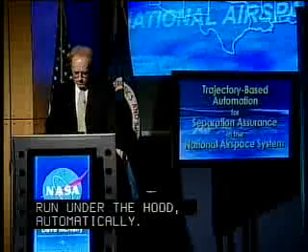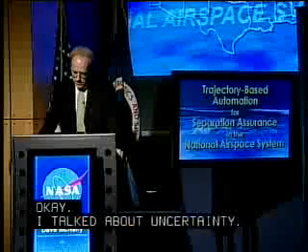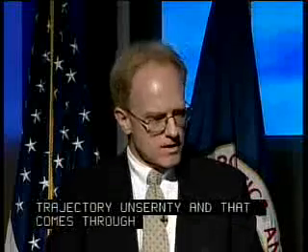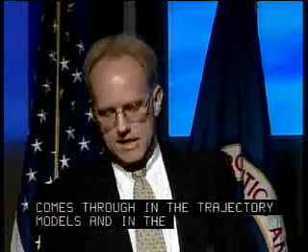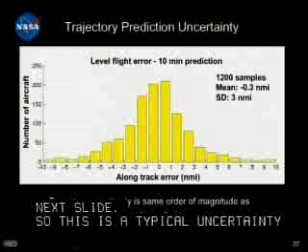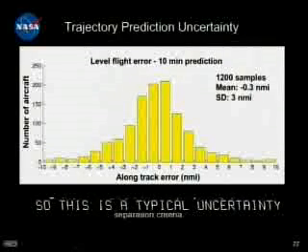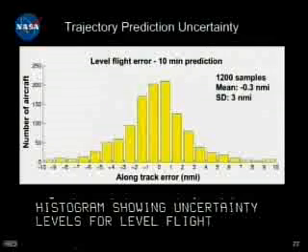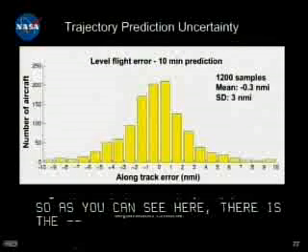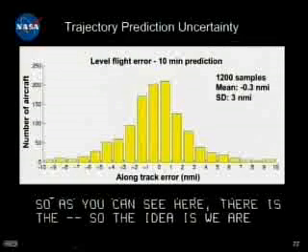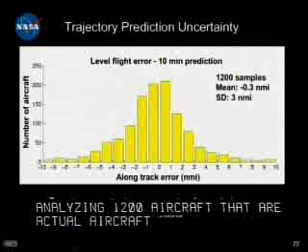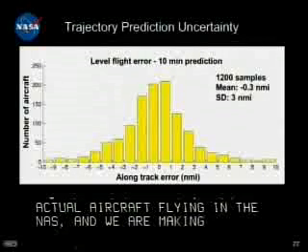I talked about uncertainty. We always have to deal with trajectory uncertainty, and that comes through in the trajectory models and in the conflict detection. Next slide. So this is a typical uncertainty histogram showing uncertainty level for level flight aircraft with a 10-minute prediction. We're analyzing 1,200 aircraft that are actual aircraft flying in the NAS, making a prediction 10 minutes out, and then seeing how good our prediction was.